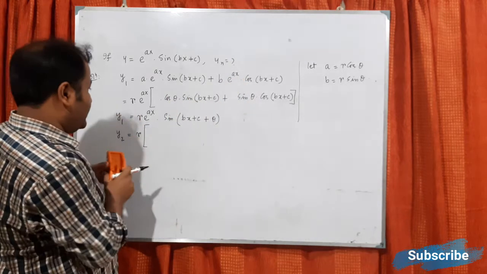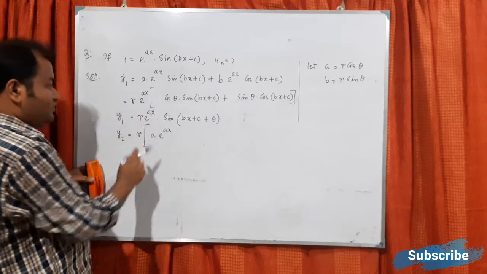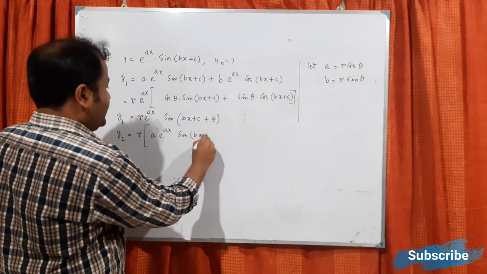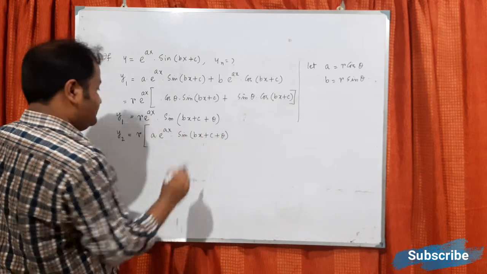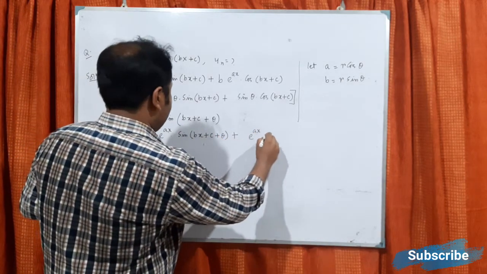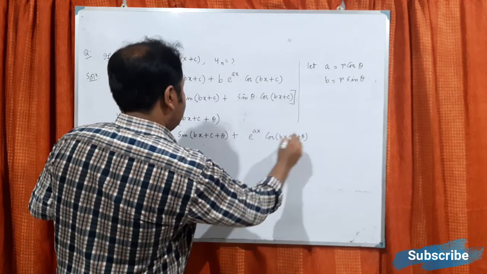So in this pattern we can write a e power ax, derivative of this one, then sine bx plus c plus theta, plus e power ax cos bx plus c plus theta times b.